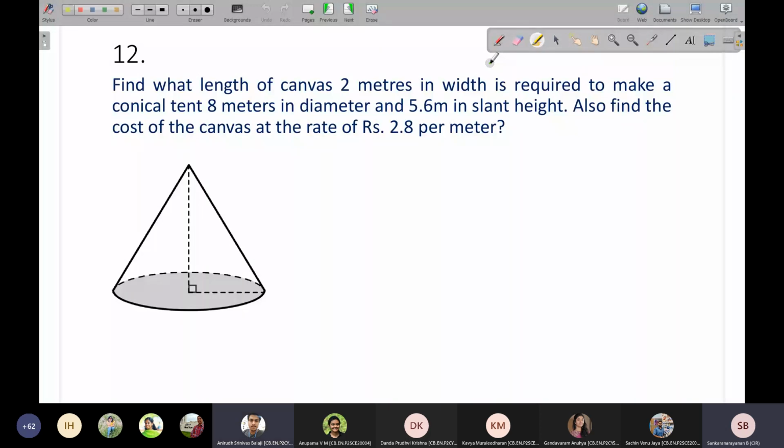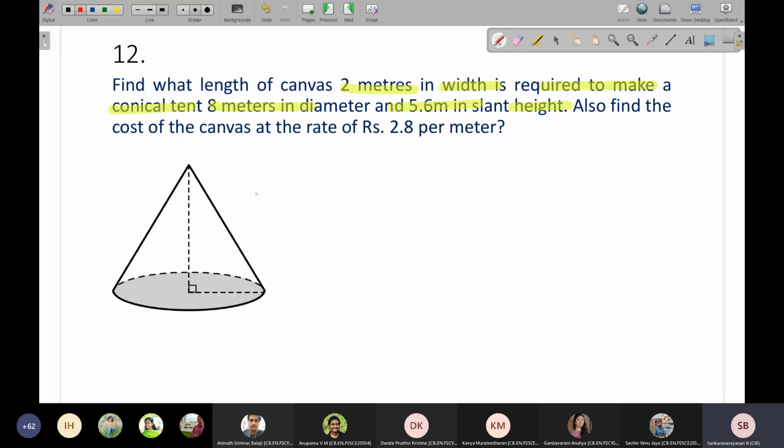So let us discuss this. Question 12. Find what length of canvas 2 meters wide is required to make a conical tent 8 meters in diameter and 5.6 meters slant height. You are using this canvas to make this conical tent, correct?